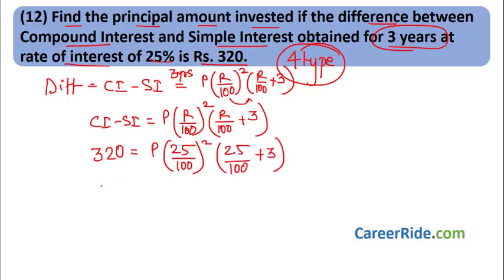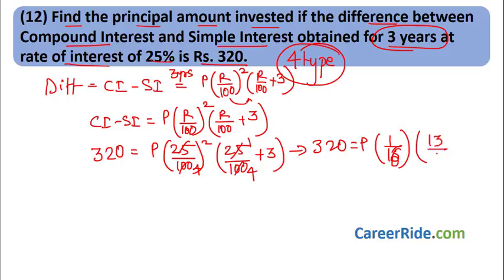Let's solve it. 320 equals P into 1 upon 16. Why 1 upon 16? 25 4s are 100, and squaring we get 1 upon 16, multiplied by 25 into 4, 25 1s are 25, 4 3s are 12, so 13 by 4.